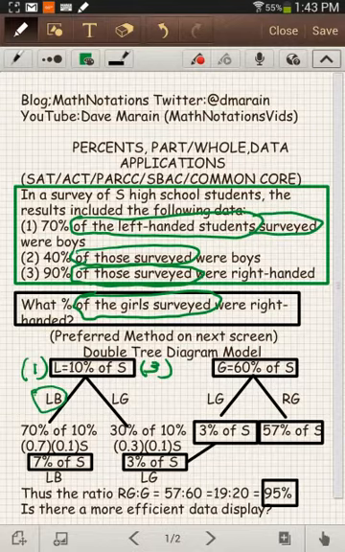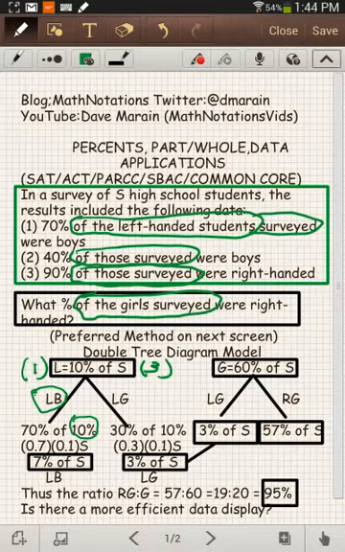Left-handed boys, 70% not of the whole S, but 10% of S. Changing it to a decimal, 0.07, and reconverting it to 7% of S. So that means that the left-handed boys in the survey represented 7%.